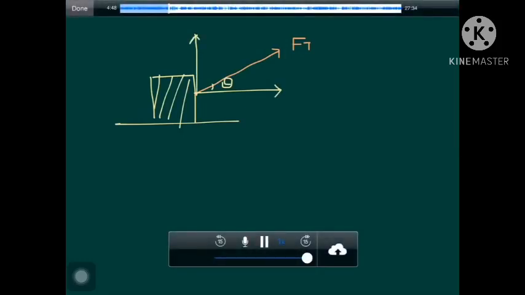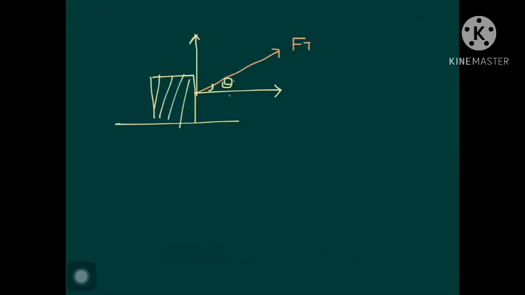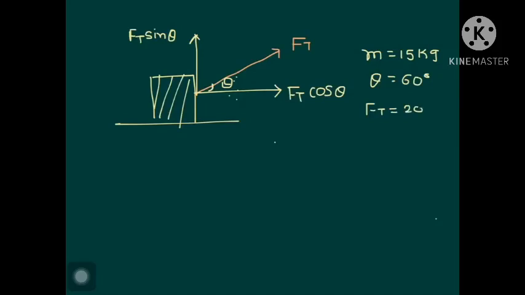So the horizontal component, the adjacent side of theta, is this one. The adjacent side is the cos component, so Ft cos theta. The opposite side of this theta angle is Ft sin theta. What is the data mentioned for this numerical? Mass is 15 kg. Angle theta is 60 degrees. The force applied by the tension is 200 Newton, and the distance traveled by the object is 10 meter.